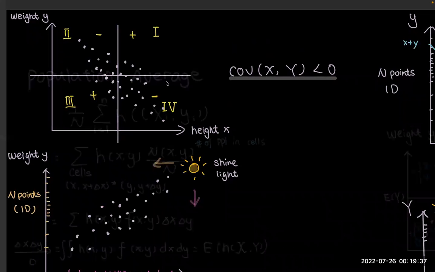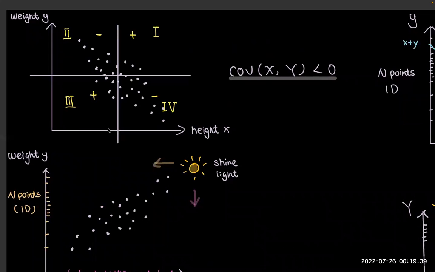By the same logic, if you divide this data into 4 quadrants, 1, 2, 3, 4, here the products are positive, here the products are negative. But this time, for this data with a negative trend, you actually see more points in the negative quadrants than the positive ones.